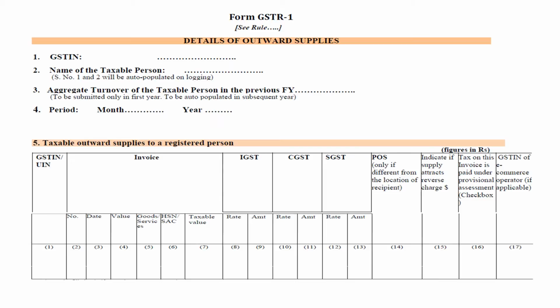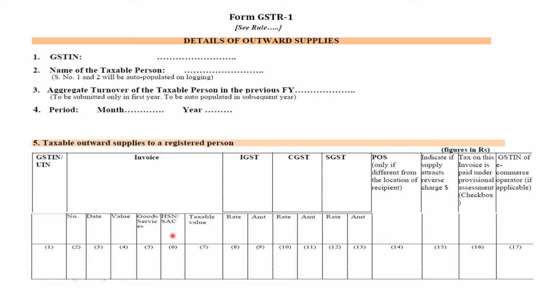So friends, the requirement of government is that they want to take the detailed information from you. They want to have line item level information. When I say line item, they want to have complete details, HS and SAC wise details. So if you are able to see here, they're asking the HS and SAC wise information from you.